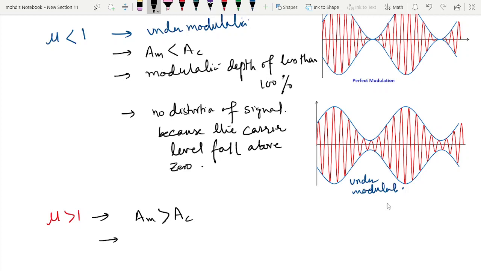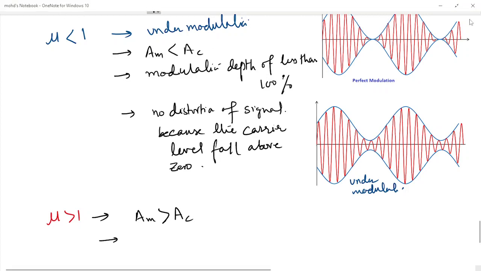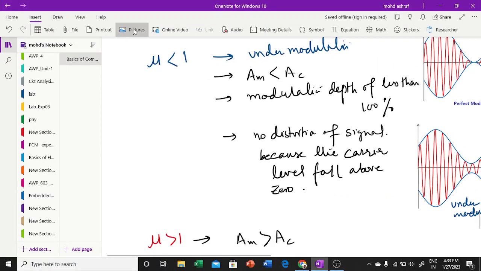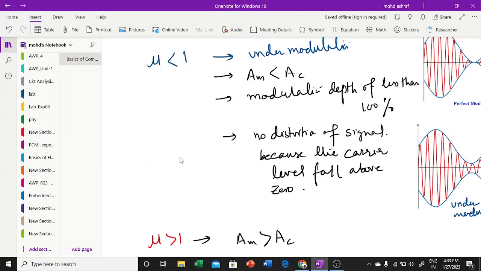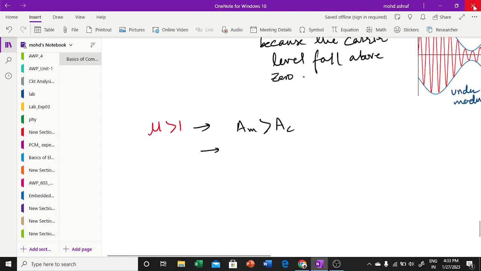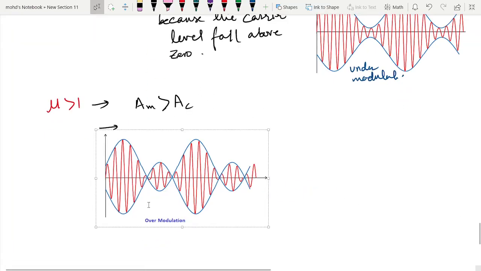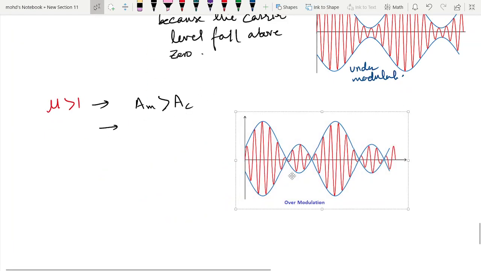In over modulation, severe distortion of the wave of the message signal occurs. So the signal will look like this. This is the over modulation case.